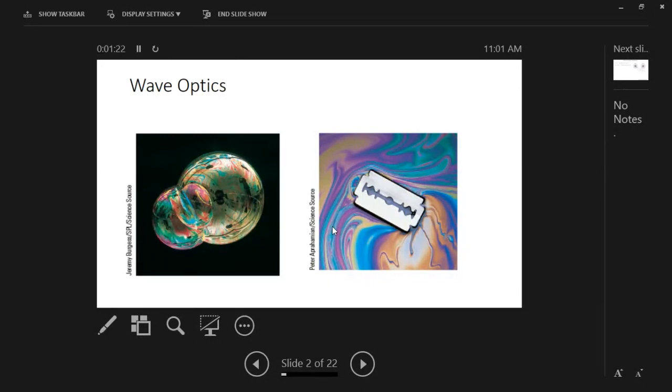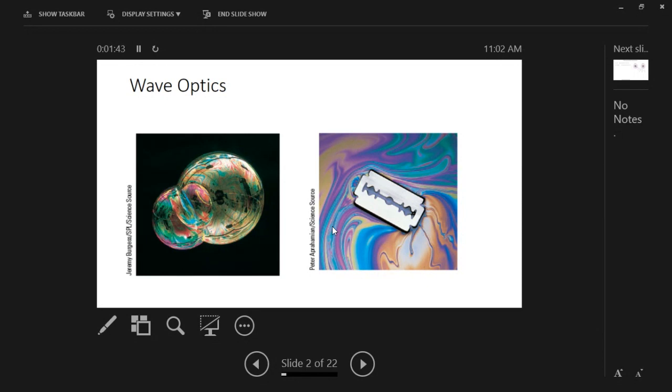So what we are going to do today is to see the fundamentals of wave optics, and then how we can use it to describe some different phenomena that we would be unable to explain if we just wanted to stick to ray optics.